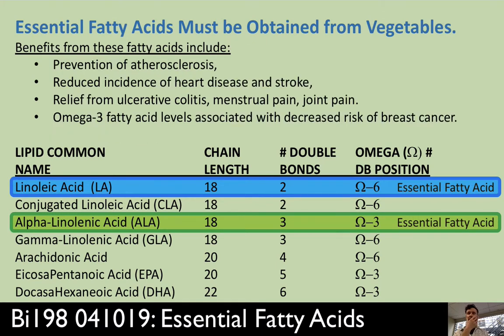So what's the upside of having a diet that has the appropriate levels of essential fatty acids? Well, it's going to prevent atherosclerosis. Last year I talked about blood lipids much more and got more into the physiology of it. I cut that out this year. Maybe I'll put it back.